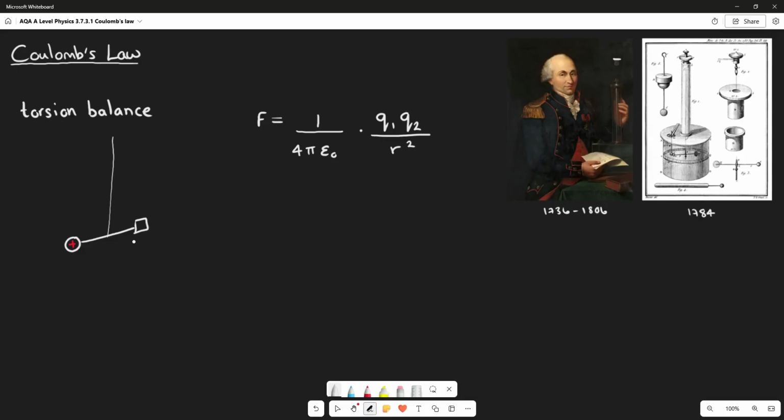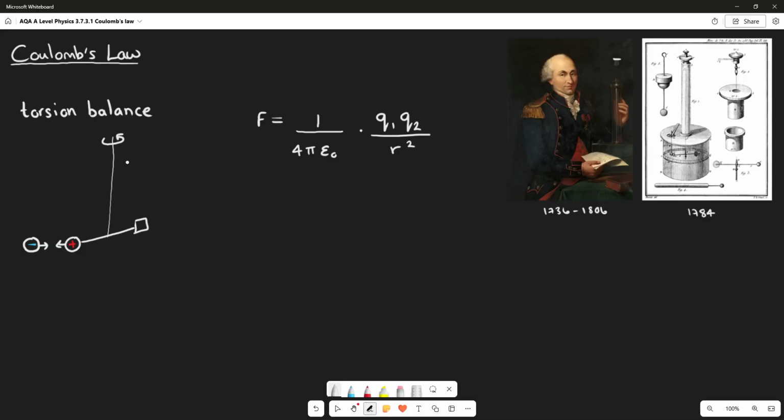This system is allowed to reach equilibrium where all the forces are balanced. If you bring an object with an opposite charge close, then you will get an attractive force pulling and moving this orb towards the left. By rotating the wire in the other direction, you can create a twisting force that brings the orb back to its original starting position.